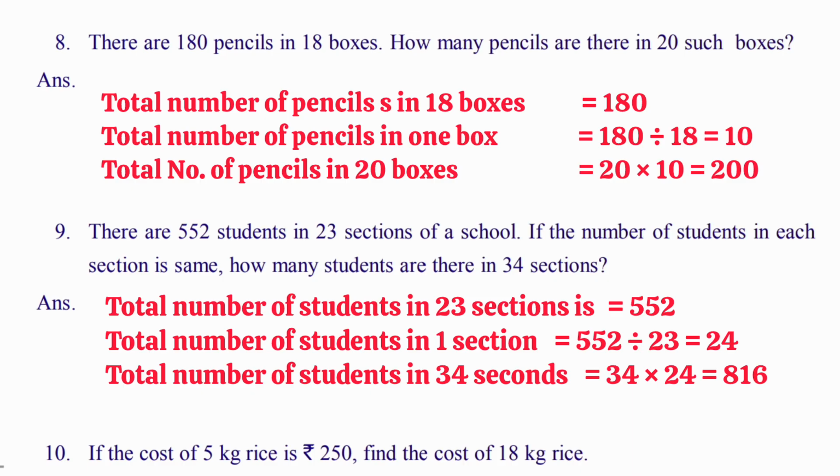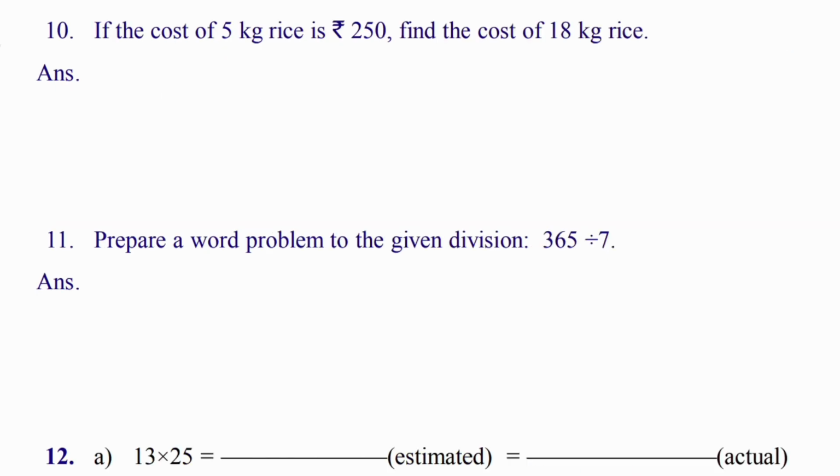Next, total number of students in one section is equal to 552 divided by 23. You will get 24. So, total number of students in 34 sections is equal to 34 into 24 equal to 816. Got it, guys?